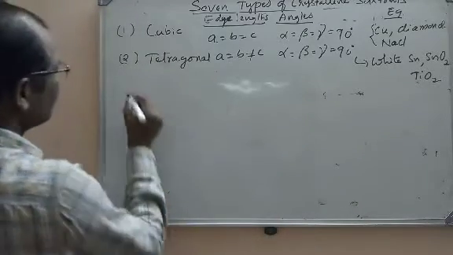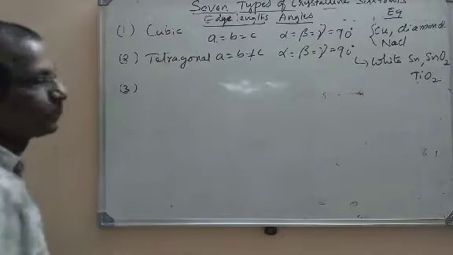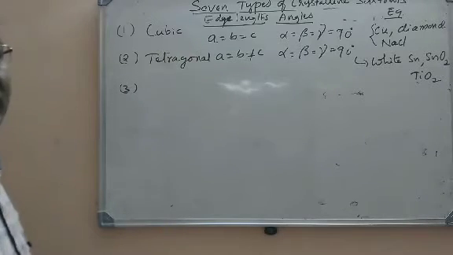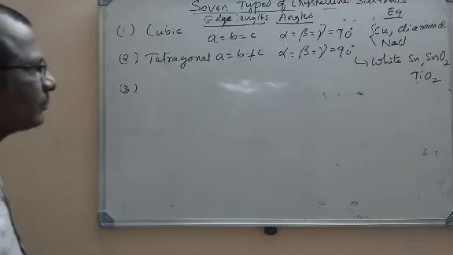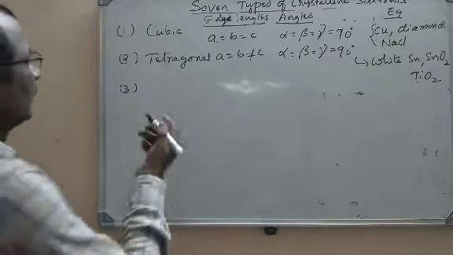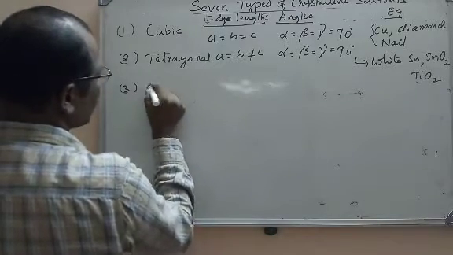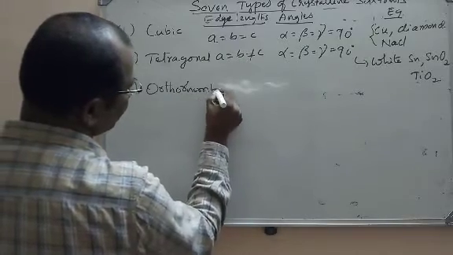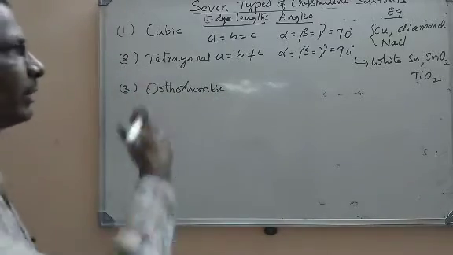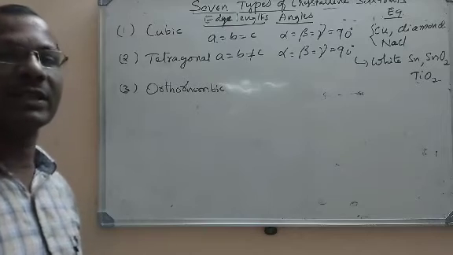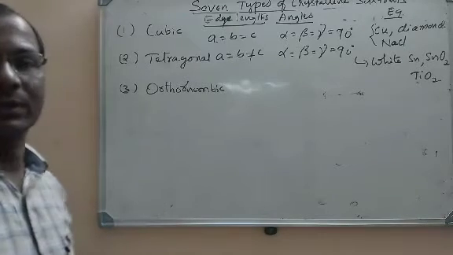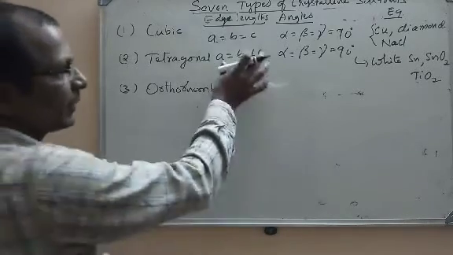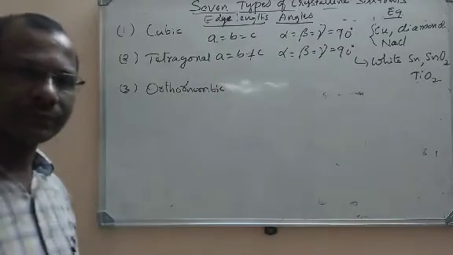Now if you go for the next type of crystalline system, here we have the orthorhombic crystalline system. Firstly, I will illustrate each of the crystalline systems. In the next class, I will show the geometrical structures. But if you remember this, it is enough.